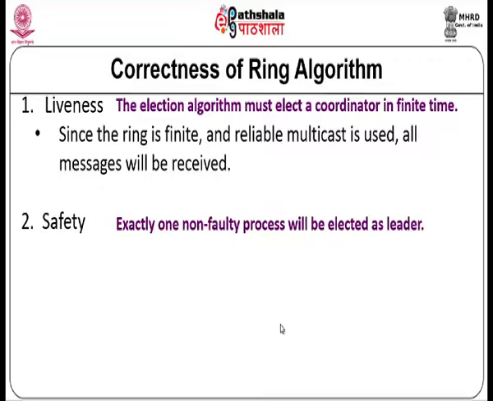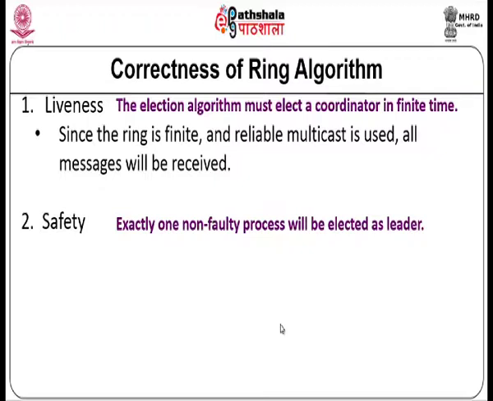Therefore, for every pair of nodes in this algorithm, we are putting them in a ring, which means that one node communicates with only one other node, and the distance, the number of hops, will be taken care of by the reliable multicast.